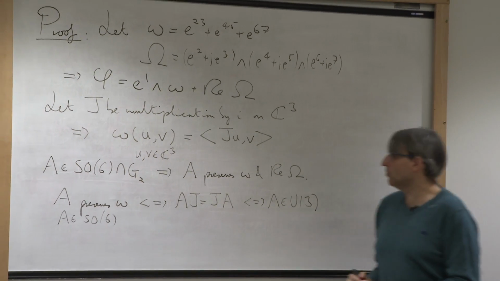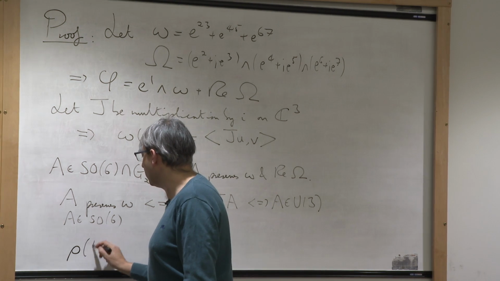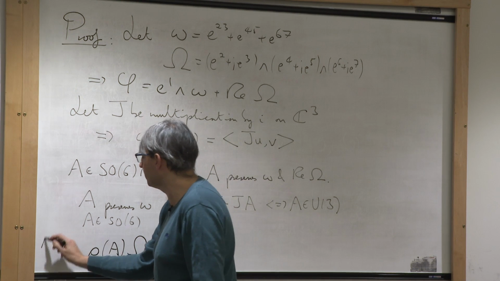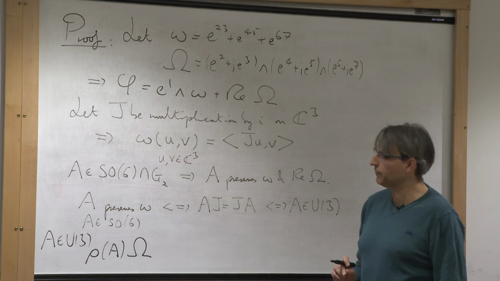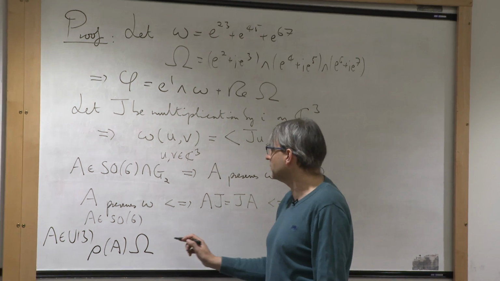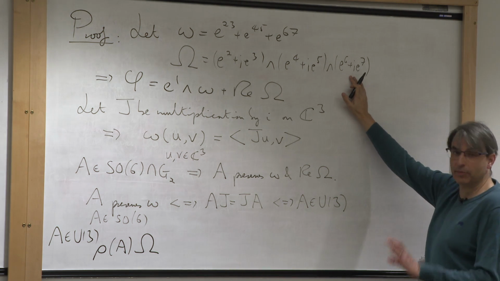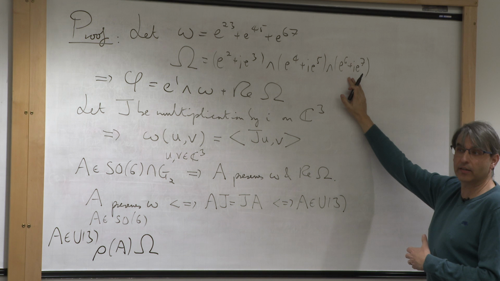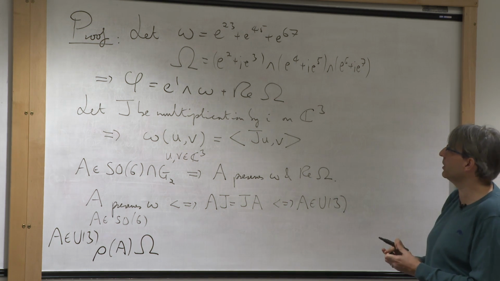All right, now we have to compute what does it mean to preserve the real part of omega. So let's do rho of A omega. Now for A in U3, because we know that we're a subgroup of U3 now. If I take A in U3 and do rho of A omega, well, it's not too hard to believe. Now A is a 3 by 3 complex matrix. What does this look a lot like? It looks like a determinant type expression, right? It's the wedge of, it's a top form in C3.